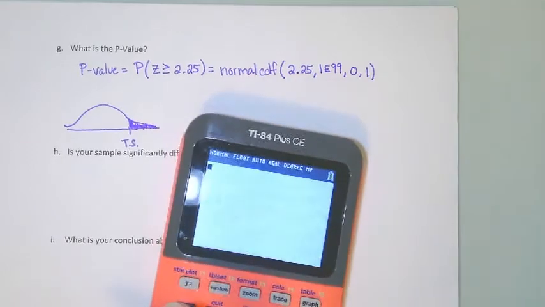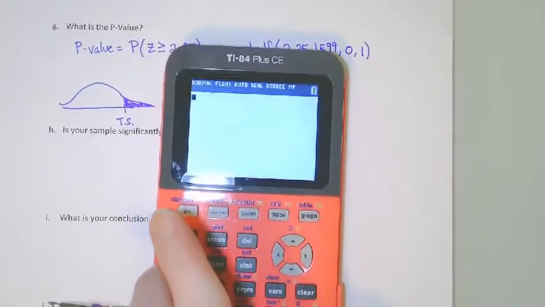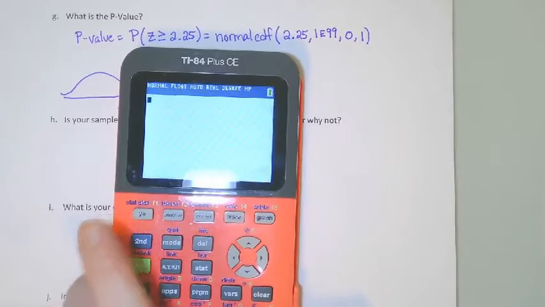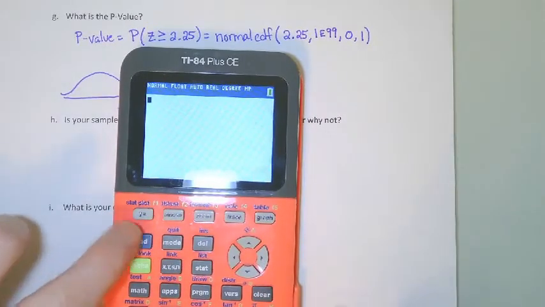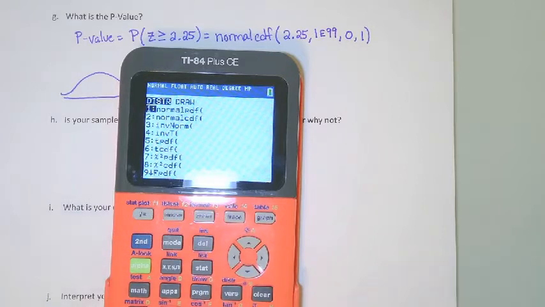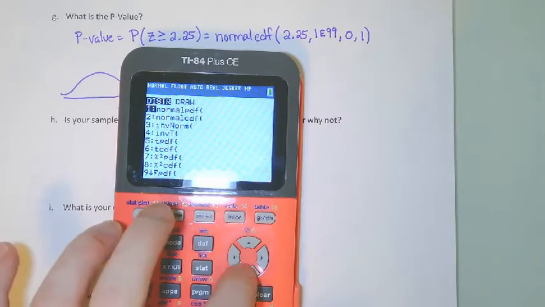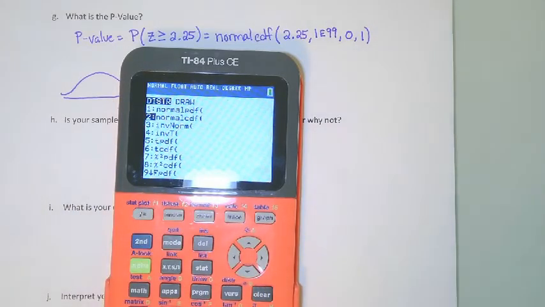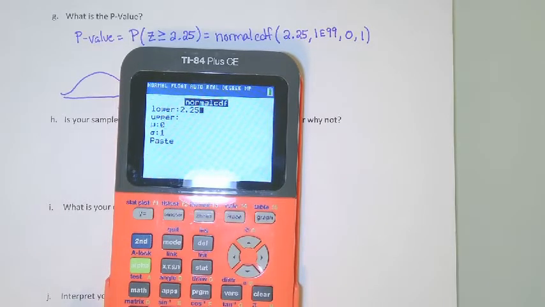So I'm going to grab my calculator and hit second vars. That gives me the list of distributions. I'm going to go down to the second one, normal CDF, and hit enter. First I put in the lower bound, which was 2.25.